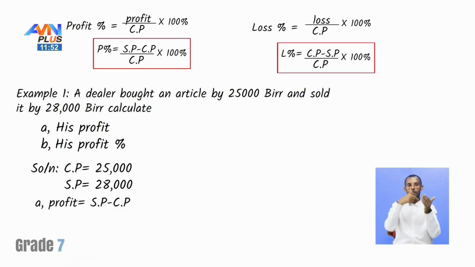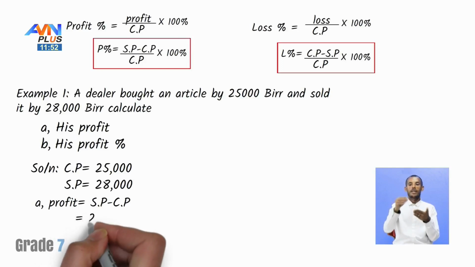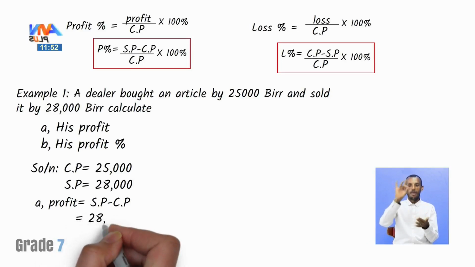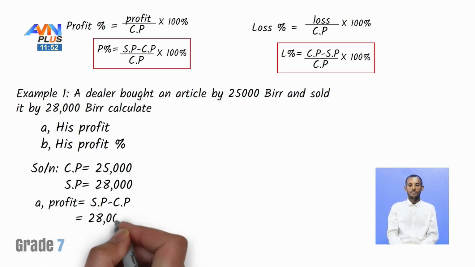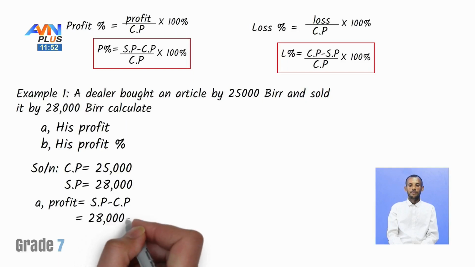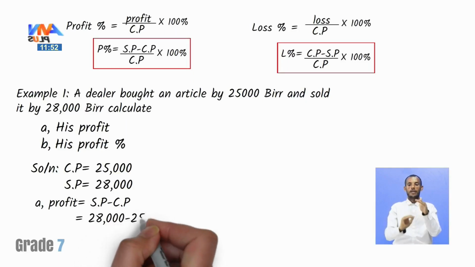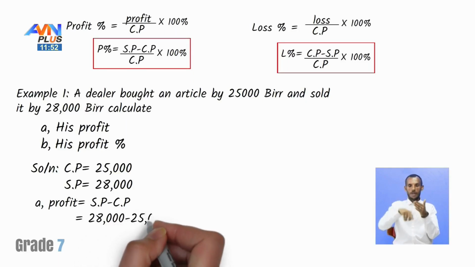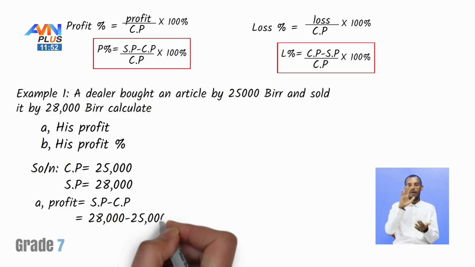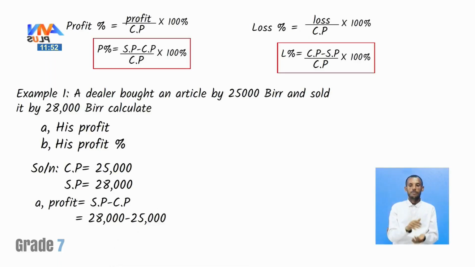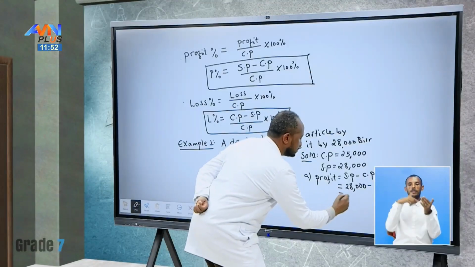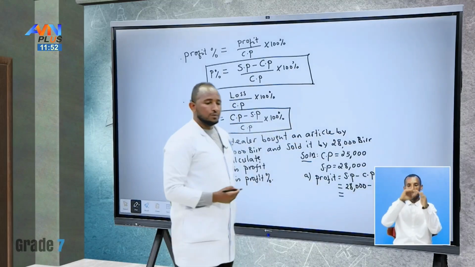Here, selling price is 28,000 minus the cost price, 25,000.